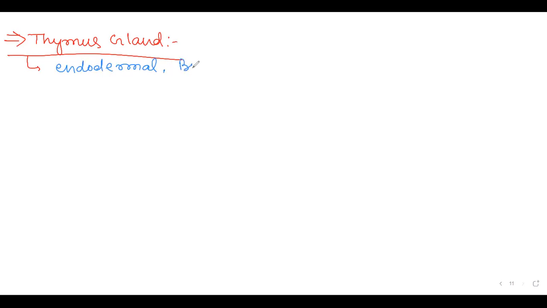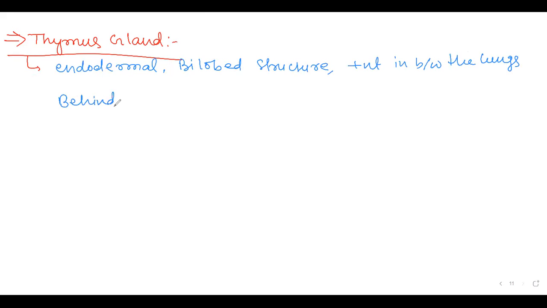It is a bilobed structure present in between the lungs, behind the sternum, and just ventral side of the aorta. Means we can say between the heart and sternum, laterally between both lungs, dorsoventrally between the heart, lungs and sternum.